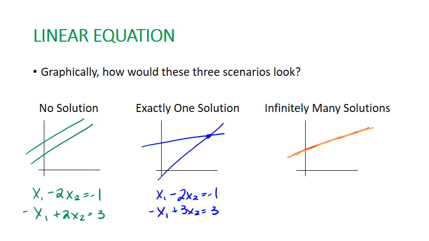Because there are infinitely many intersections, there are infinitely many solutions. This would be a system of equations like x1 minus 2x2 is equal to -1, and negative x1 plus 2x2 is equal to 1.